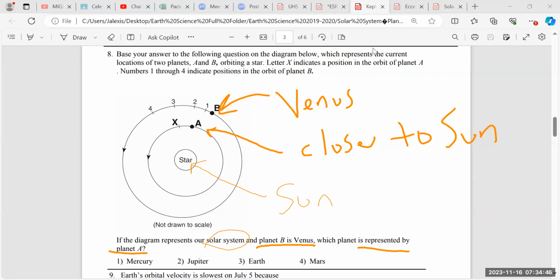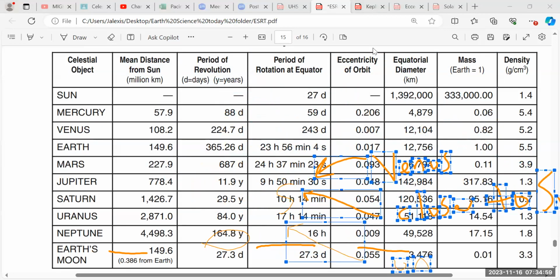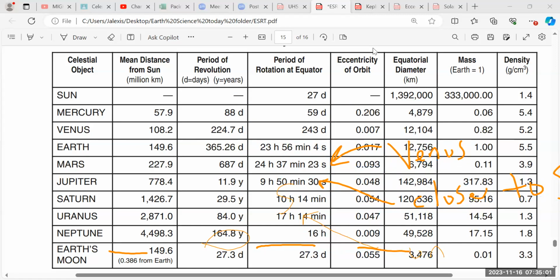Well, I'm going to take a look at my reference tables. Give me 1 second to move this writing stuff out of the way. When I take a look at my reference tables, I see Venus is right here. There's only one planet that is closer to the sun than Venus, and that is Mercury.